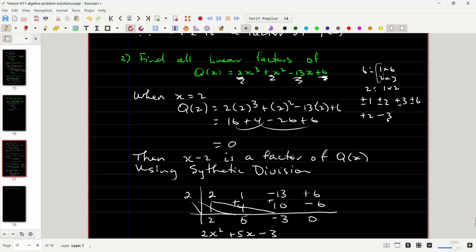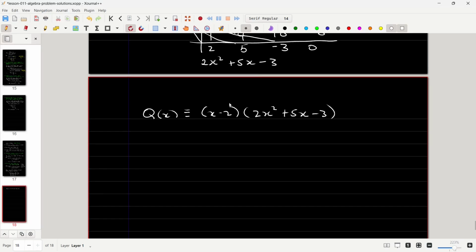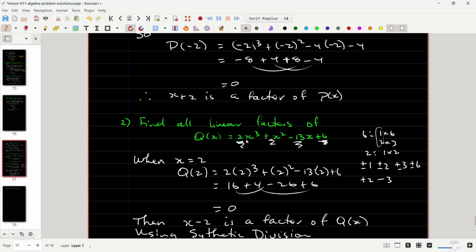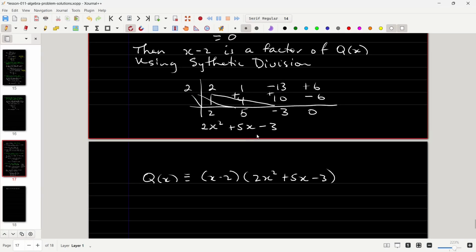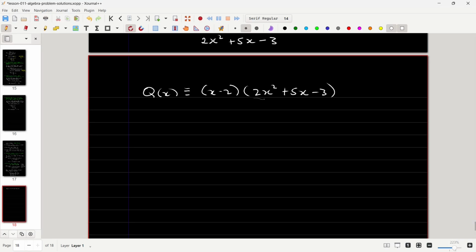Once you find one factor, you don't usually go back and look for the next factor. As long as you identify one factor, that's all you need, and especially with something of degree 3, you just need one factor. If I find something of degree 4, then I would need 2 factors, and 2 factors would make it much easier. So now that I have degree 3, I just need one factor. So this is my one factor, and I just simply factorize the remaining part of it here.